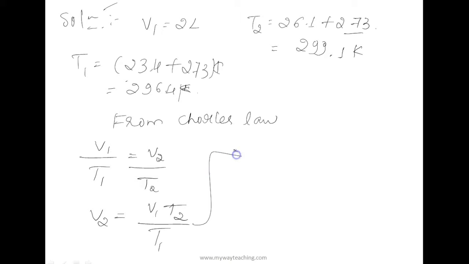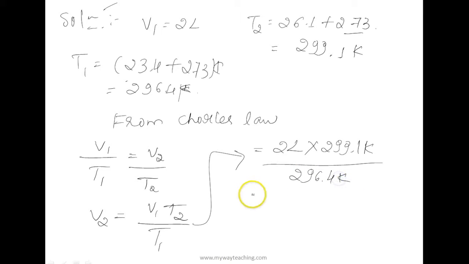Substituting 2 liters into 299.1 Kelvin divided by 296.4 Kelvin, how much do we get? 2.018 liters. So this is the answer.